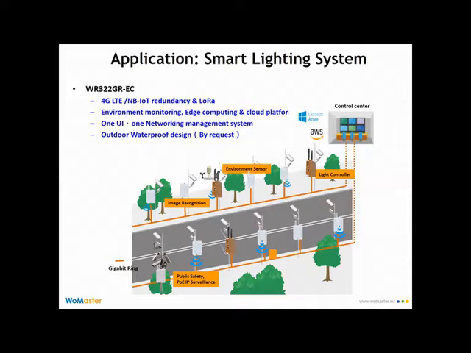We can use the ring architecture to integrate these different applications. For redundancy, based on the different requests, we can choose 4G LTE, NB-IoT, or LoRa to collect the data back to our platform with the one GUI and the network management platform.